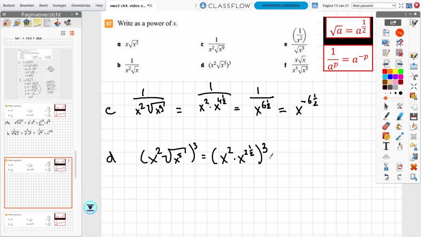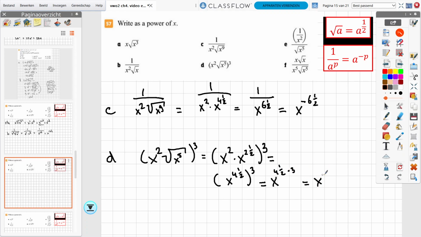So we get this, which it now is the same as this. Multiplying powers means adding up the exponents. And now, remember, this is a power of a power, so now I have to multiply the exponents.